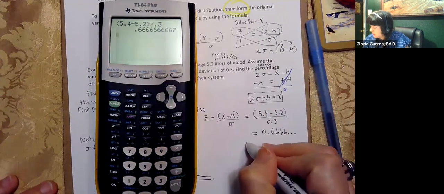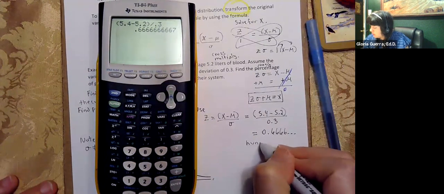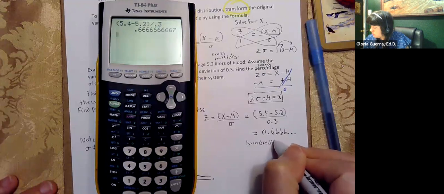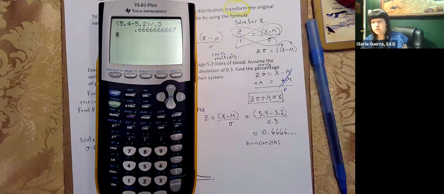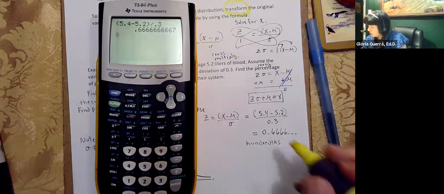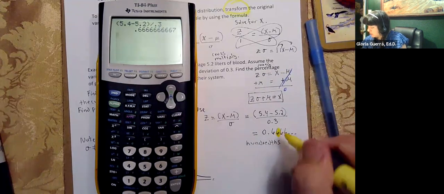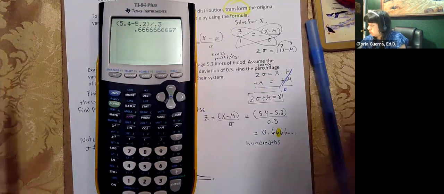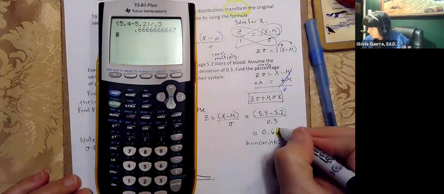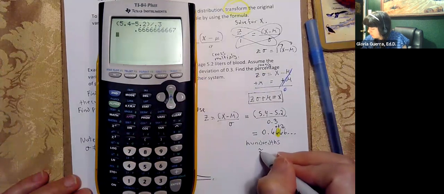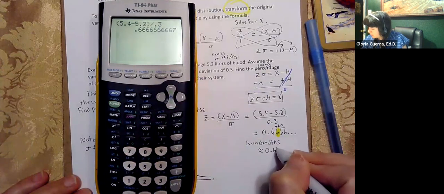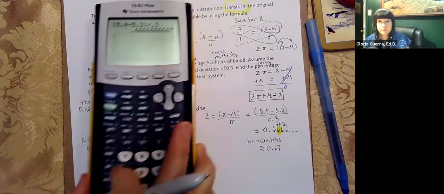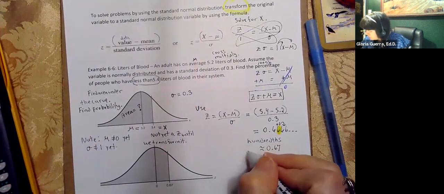Remember, z's are supposed to be rounded to the nearest hundredths. So this is your hundredths place, the 6 right here. Then you look at the number to the right. Is this 5 or more? Yep. So add 1 to the 6 and you have about 0.67. Okay, and that's your z.